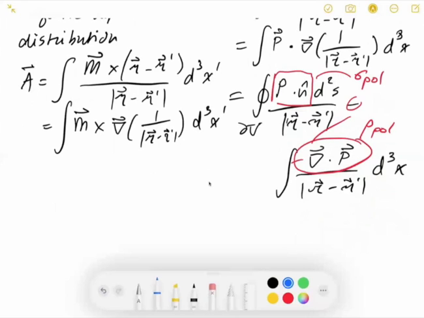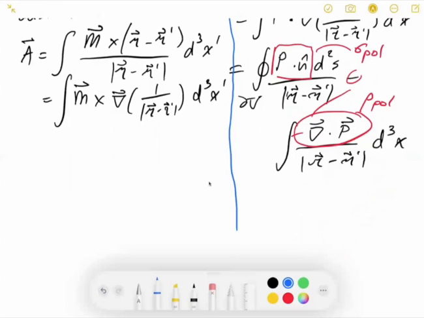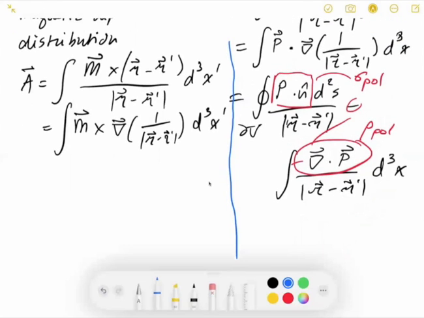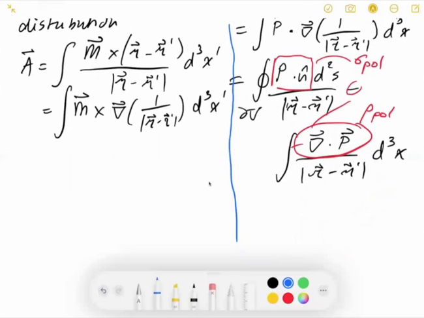And now, of course, because they're cross products, when we do that integration by parts, we need to actually reverse the order of the cross product in the curl.